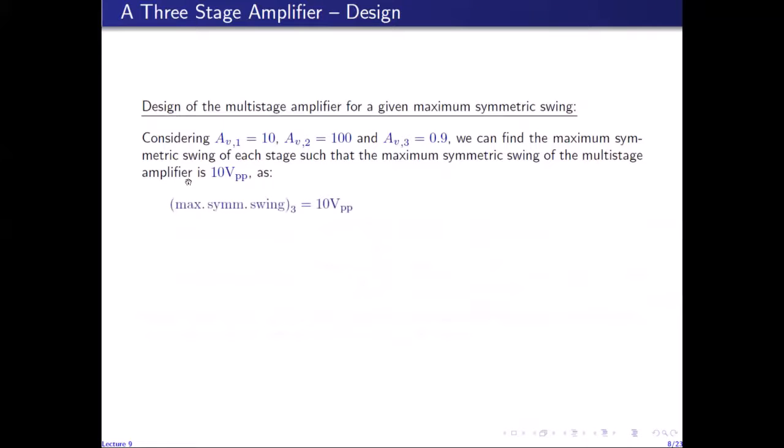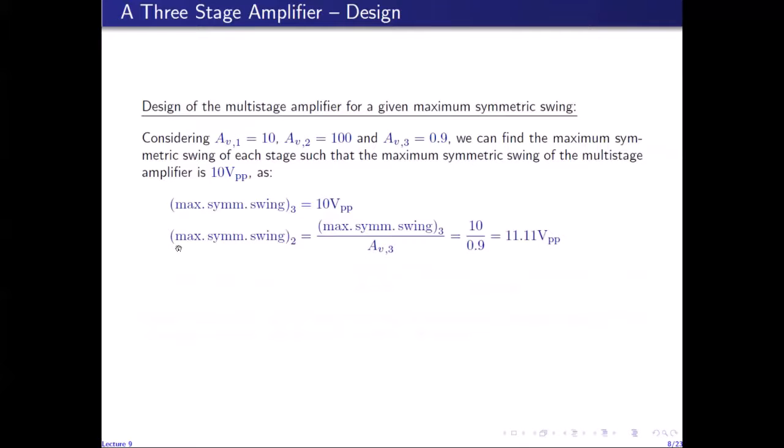One way of doing that is to designate the maximum symmetric swing of the output stage as the maximum symmetric swing of the overall multi-stage amplifier. That is 10 volts peak to peak. And then just keep on dividing that swing by the gain of the stage under consideration to get the maximum symmetric swing of the previous stage.